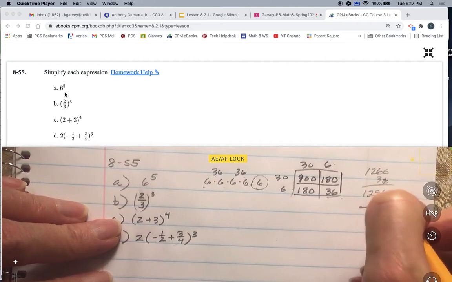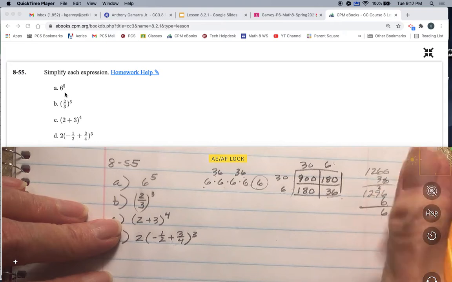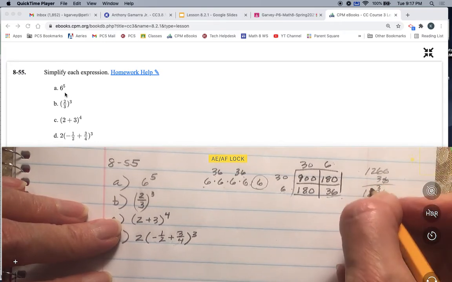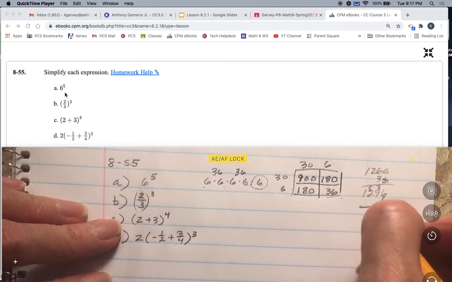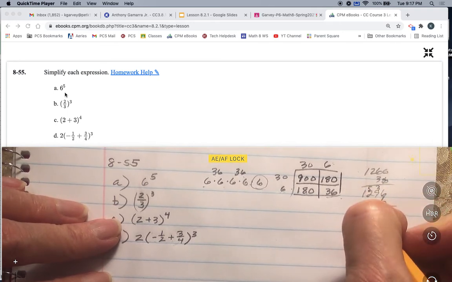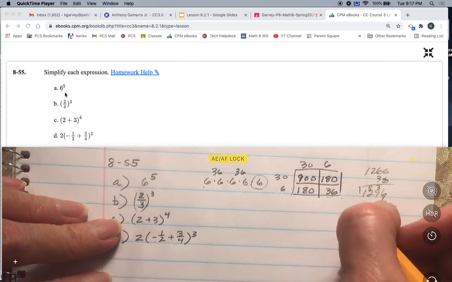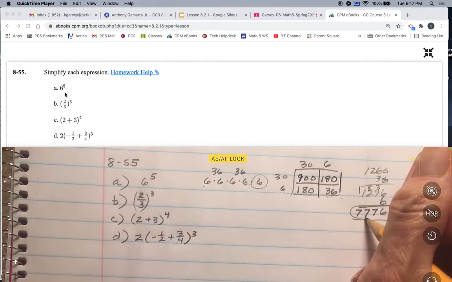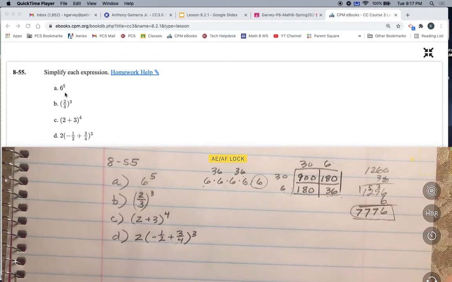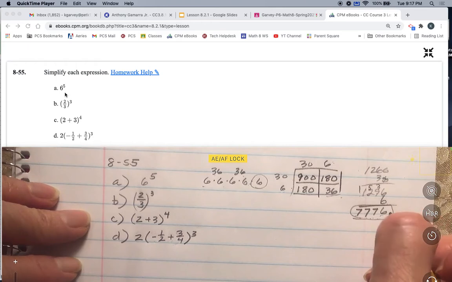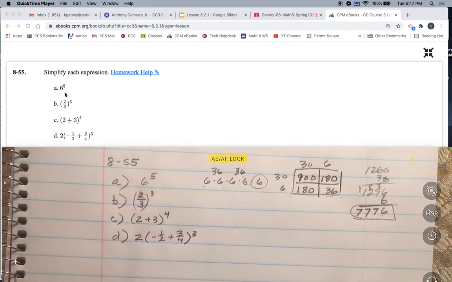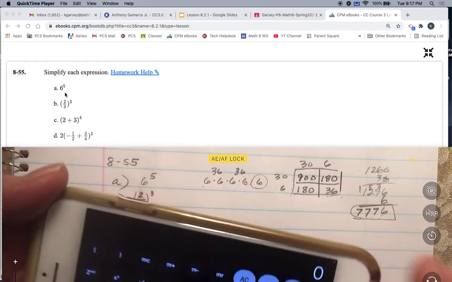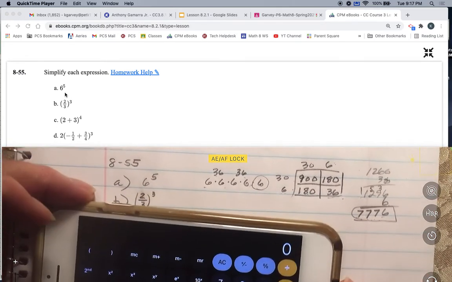So that's 6 times 6 is 36, carry the 3. 6 times 9 is 54, 57, and the 5 is carried. 2 times 6 is 12, 17, and 1, so that will be 7. So that grand total is going to be 7,776. And of course, we can always check that by using our calculator.